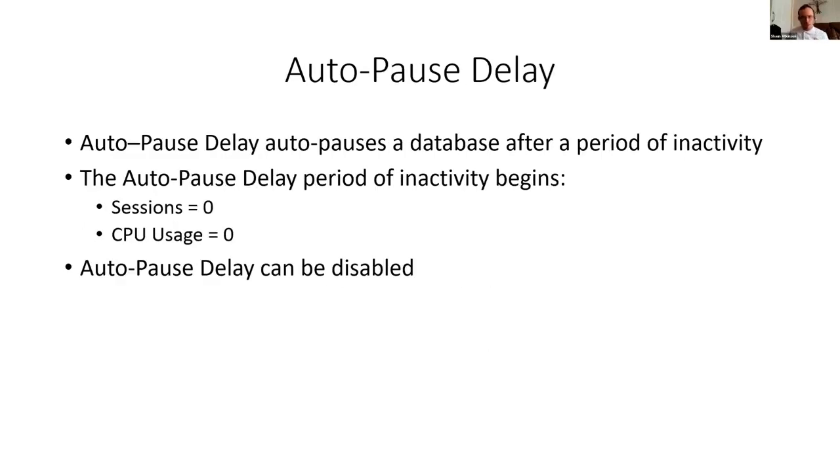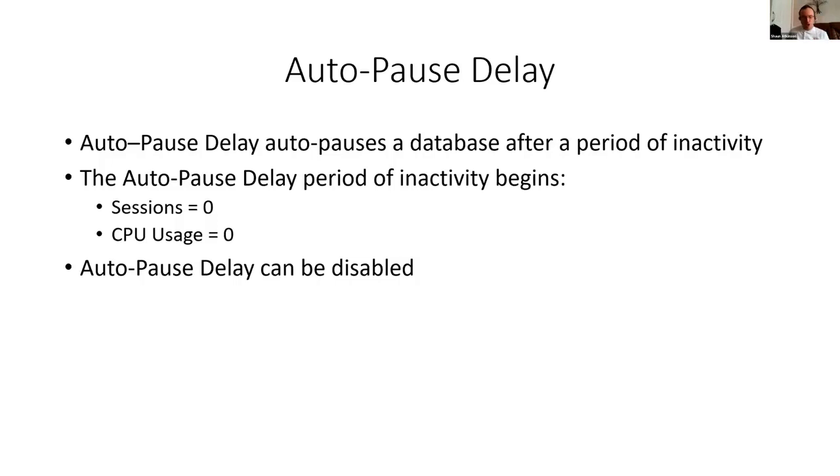So, auto pause delay. The auto pause delay is that period of inactivity that I talked about. If you think back to the picture that I showed you of my workload, it was that period between 10 and 11 o'clock at night where the database was just sat idle with no connections to it before it became paused. That's the auto pause delay period. It can be set from anywhere between an hour and 7 days. It has to be set to a minimum of 1 hour.